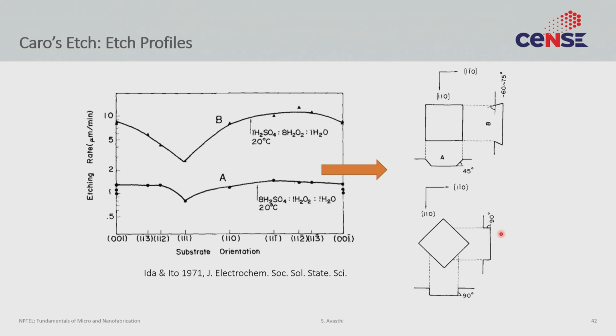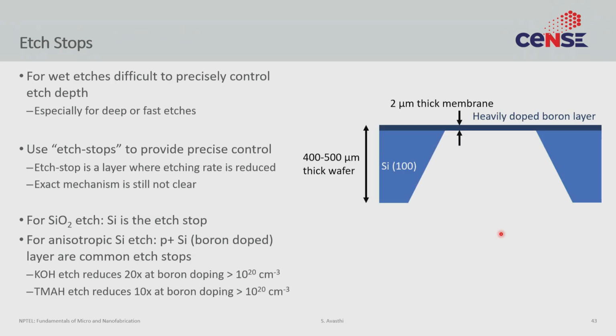So let's keep going. The next concept I want to introduce is this concept of an etch stop. What an etch stop is, suppose you were to etch silicon using an etchant. So let's take silicon 100 and you are etching it with TMAH, and we know that TMAH or KOH is an anisotropic etch. So when you etch silicon, it will etch at this 56-degree slope, and you would keep etching.